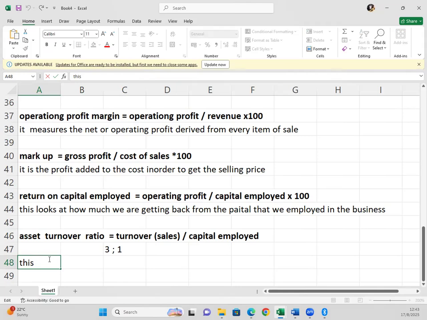If the assets in the business are being used well, it means we should have more sales because we have bought more assets. It's pointless buying more furniture when the money you are getting does not change. As you increase the assets, they should also increase the revenue. So with asset turnover, how able are we to utilize the assets to bring us sales?